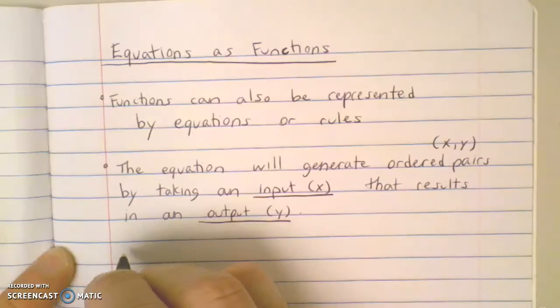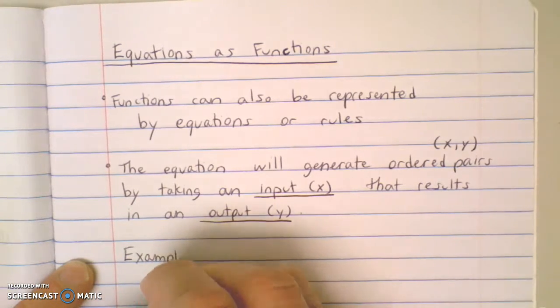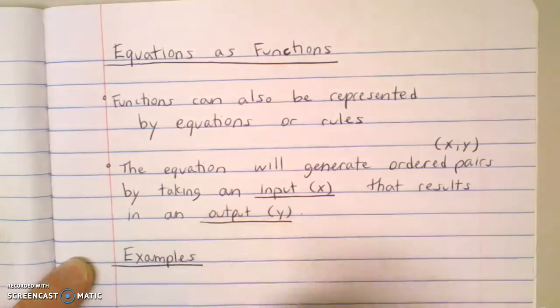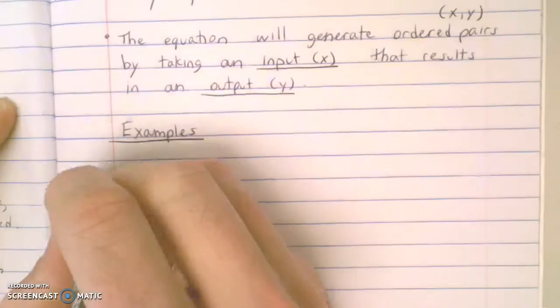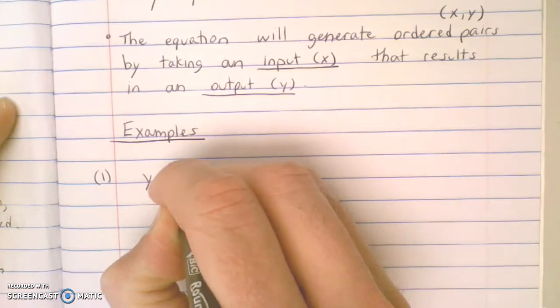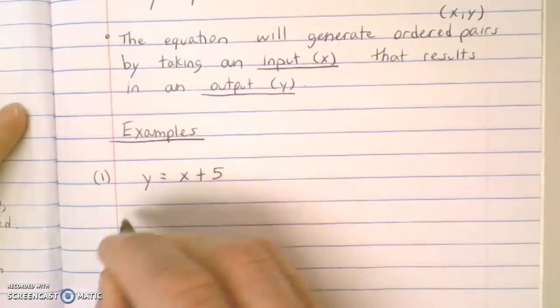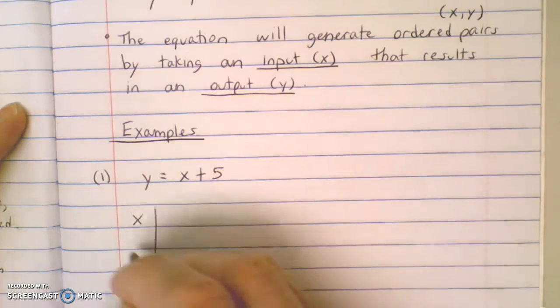So let's look at some examples. Let's say I gave you the equation y equals x plus 5, and I wanted you to fill out this table of values.